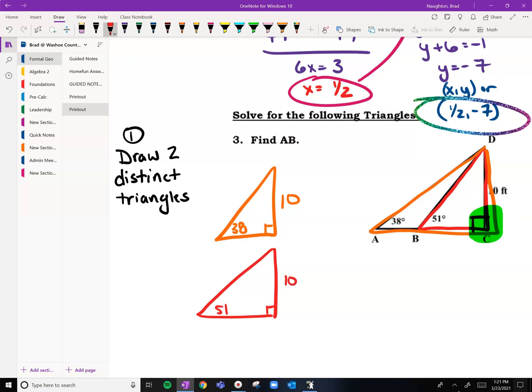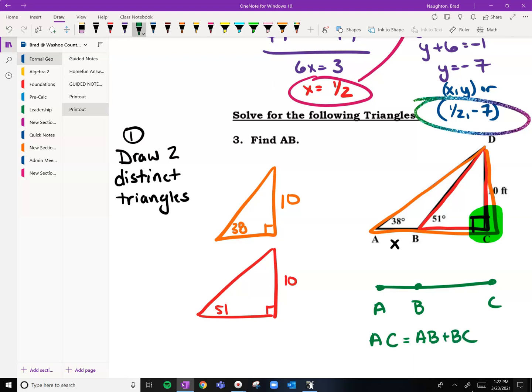Cool? Now, what I'm going to try to do is find this part x right here, focusing on this line segment. If it goes A, B, C, then if I find AC, I could say AB plus BC.